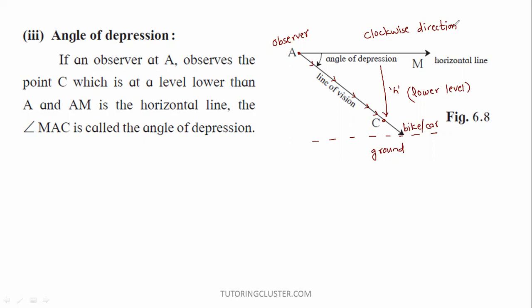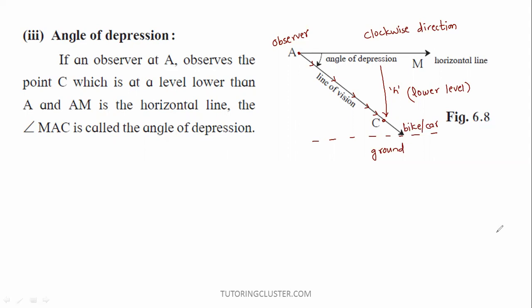If the observer is at the top of the building and is observing something on the ground, the object is at a lower level from the observer, so that will be the angle of depression. You can remember it like this: the angle measured in the anti-clockwise direction is the angle of elevation, and the angle measured in the clockwise direction is the angle of depression. So these are the two concepts.